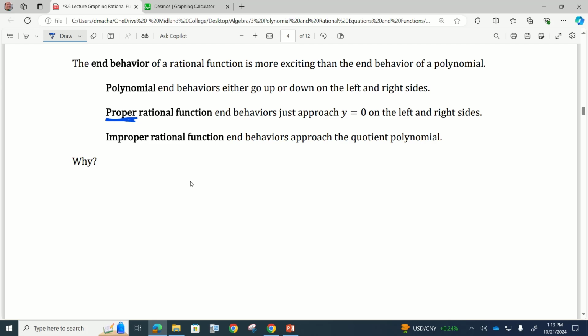If you've got a proper rational function, remember that means the degree of the numerator is less than the degree of the denominator. In that case, the end behavior approaches y equals 0. That's a horizontal line. Or, the same thing, you could say the end behavior approaches the x-axis as you go off to the left side and go off to the right side.